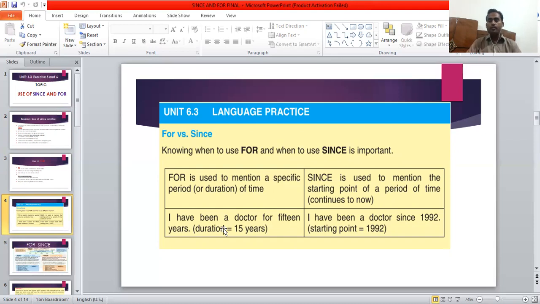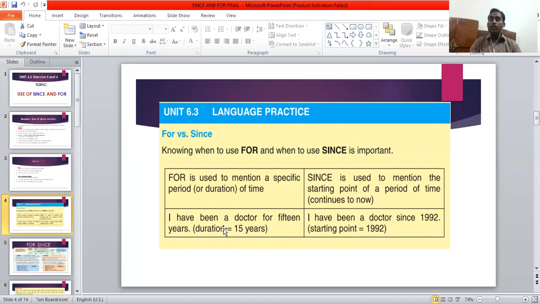Now let's discuss since. Since is used to mention the starting point of a period of time that continues to now. When any activity or event started in the past and it is still continuing in the present, we use since. It means we only know the start point, when it started. We don't know the ending. Then we are using since.